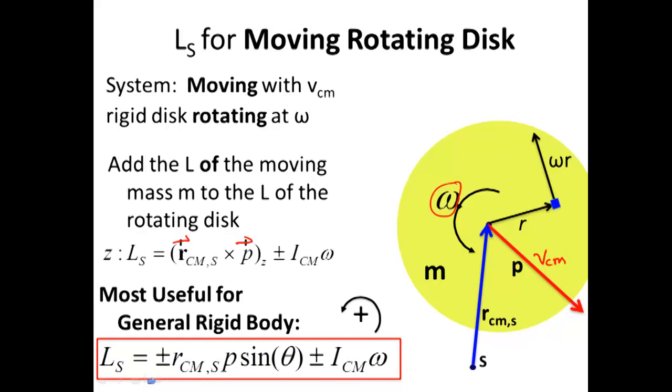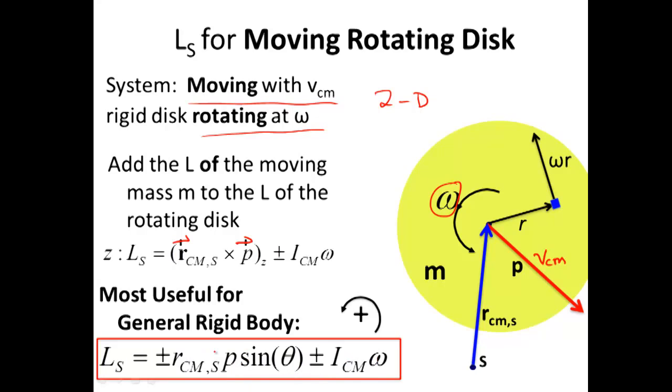Therefore the most general formula for two-dimensional motion of a system that's moving with velocity v and rotating at omega, and remember this is 2D, is plus or minus r center of mass times p times sine of the angle, plus or minus I center of mass times omega.